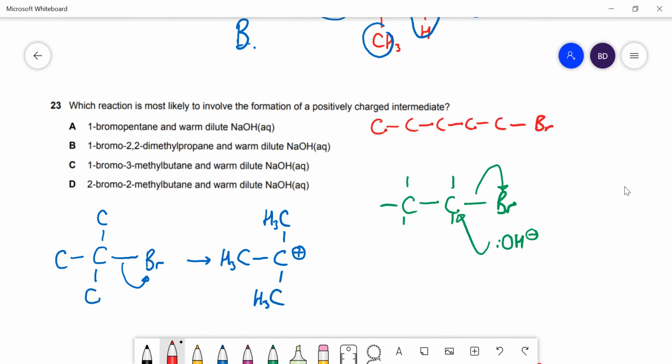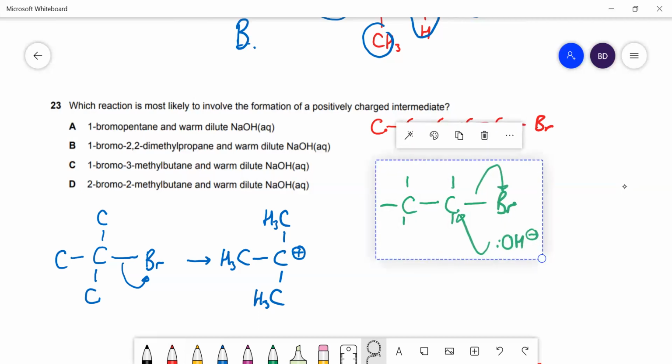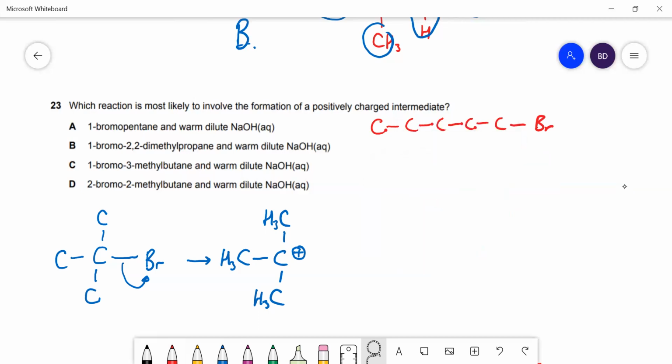Right, 1-bromo-2,2-dimethylpropane. Let's do B. Let's draw that out. So we've got 3 in a row, 2,2-dimethylpropane, so we've got C and C there, and we've got our bromine on there.